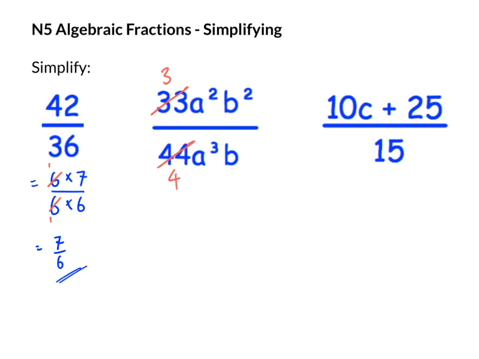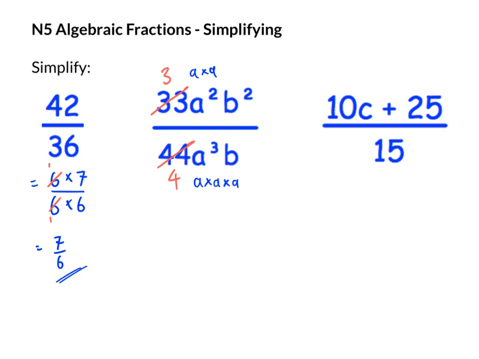Now I'm going to go through each of the letter terms in turn. I have got an a squared on the top and an a cubed on the bottom. Now remember, what this means is I've got an a times an a on the top and an a times an a times an a on the bottom.